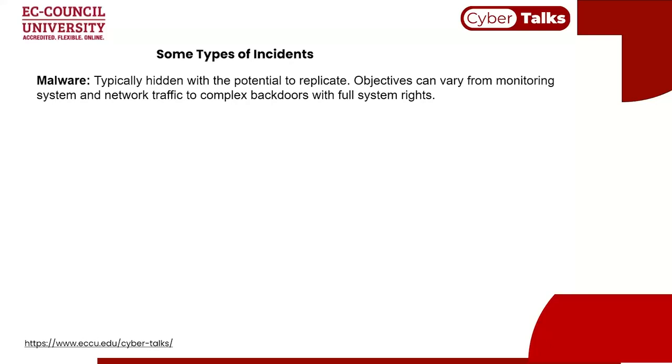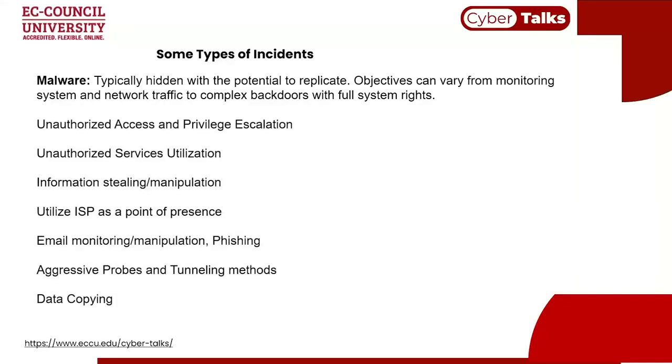We all have heard of malicious software, and we know it's typically hidden within systems with the potential to replicate. Malicious software can be used for command and control, monitoring systems and providing command and control access. What we have also spent time looking at with incidents, as it aligns to incident response, is unauthorized access and privilege escalation, unauthorized services utilization, information stealing, utilizing ISPs, email monitoring and phishing.